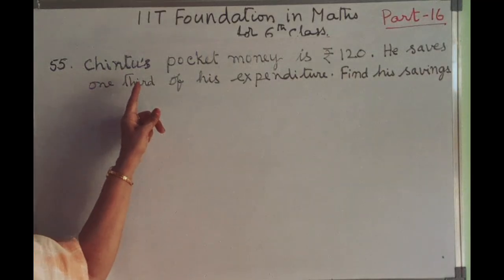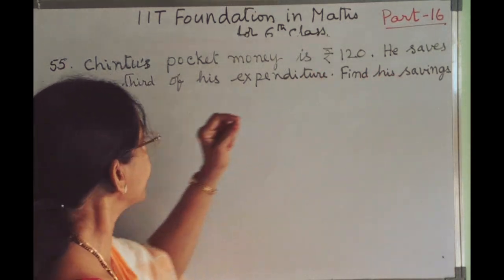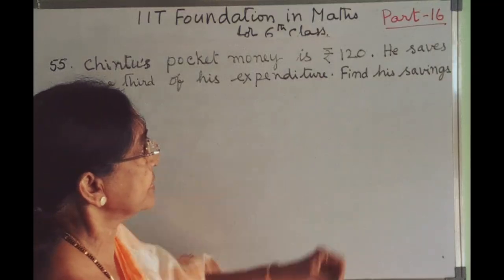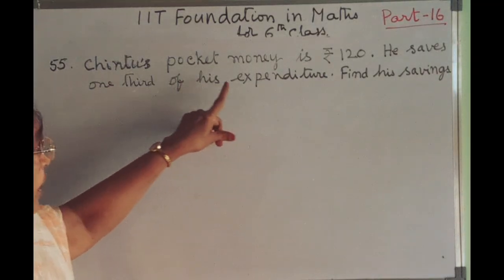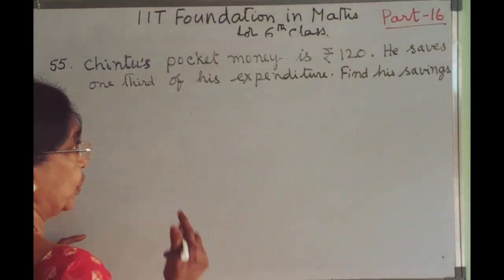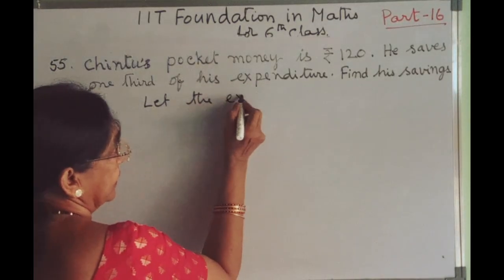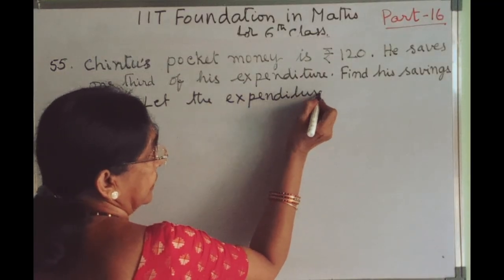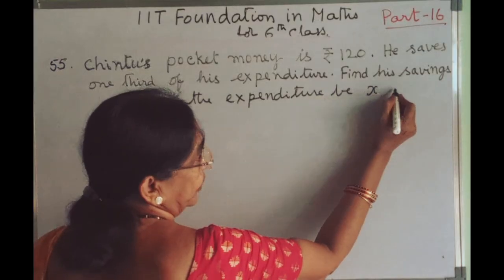Next, problem 55. Chintu's pocket money is rupees 120. He saves 1/3 of his expenditure. Find his savings. He saves 1/3 of his expenditure. So let the expenditure be X rupees.